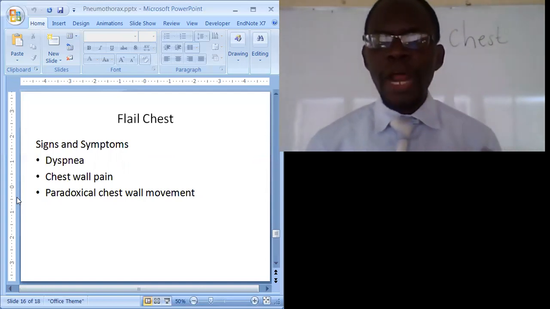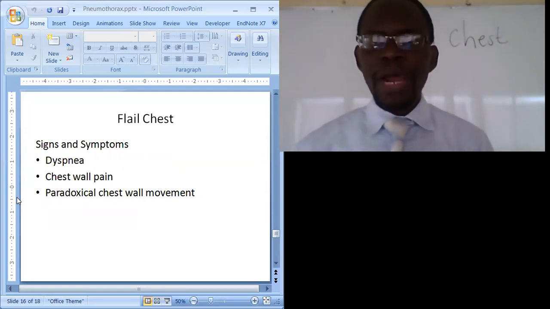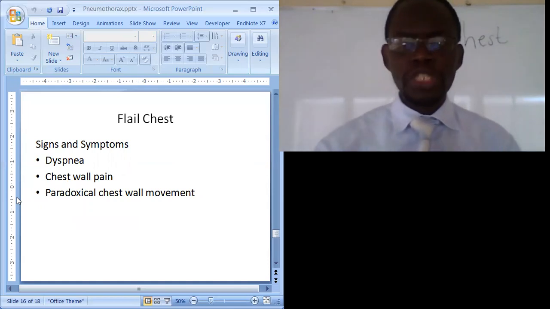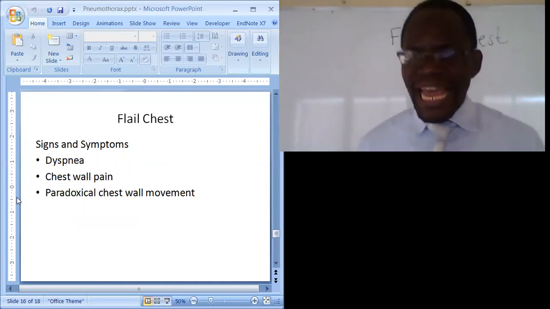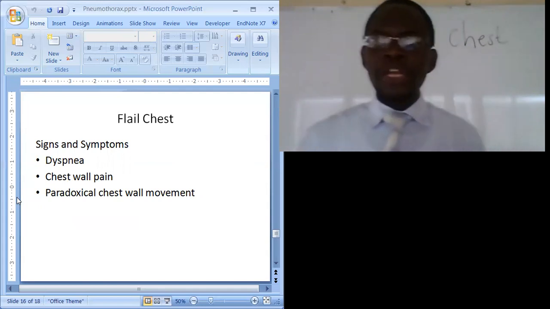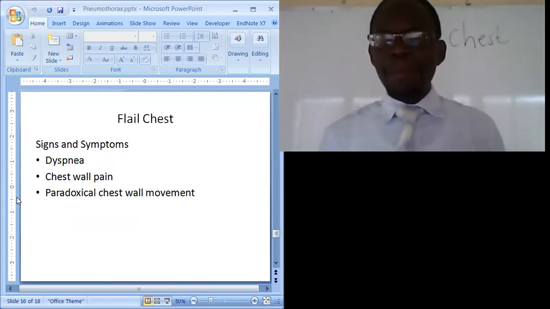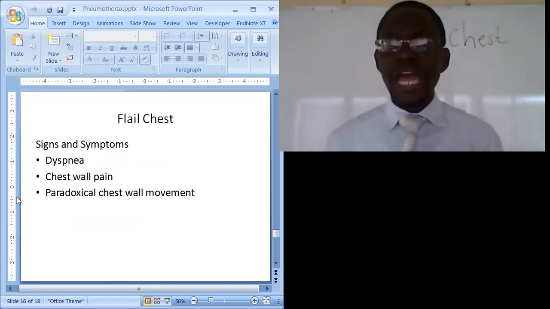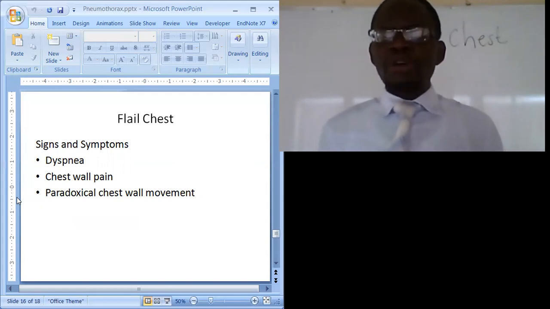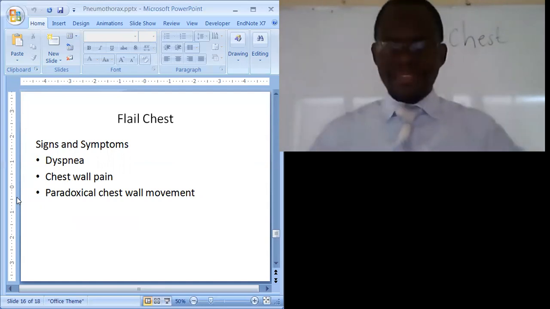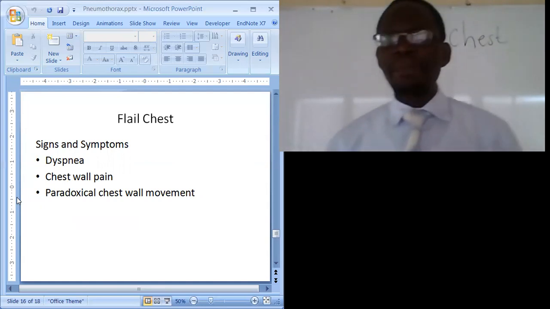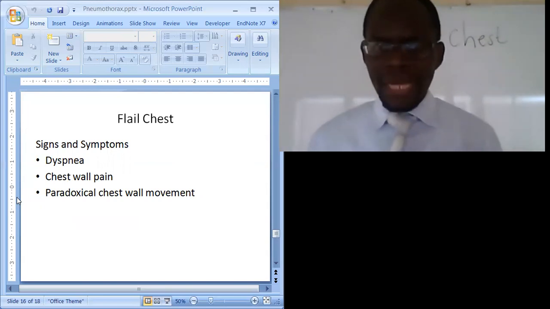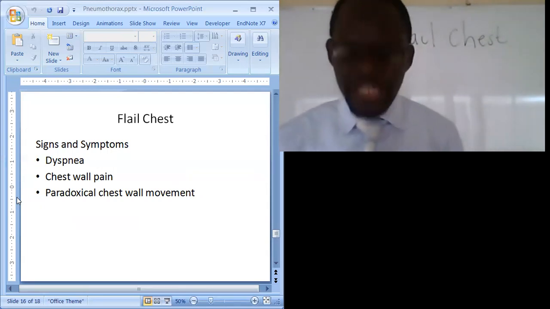Now, with paradoxical chest movement, paradoxical basically means the opposite or the reverse. Ideally, when you breathe in, your chest is supposed to move outwards and upwards. So when you breathe in, if you can try it, please. When you breathe in, your chest is supposed to move outwards and upwards. And when you breathe out, it is supposed to move inwards and downwards. Now that is a normal movement of the chest.